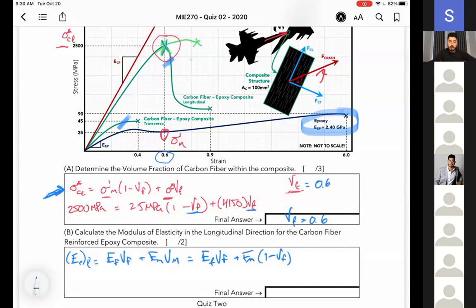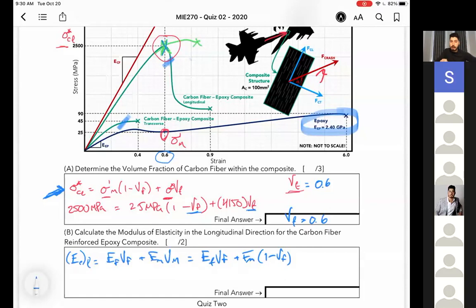So substituting all of our values. Do you want me to write down the values, or are you okay to find them from the table, from the graph? Okay, let's write down the values.